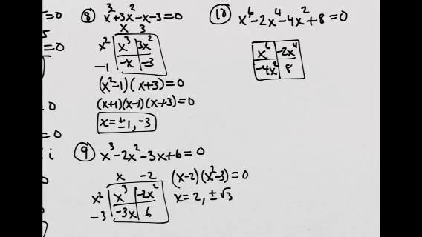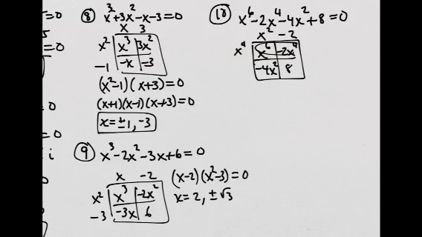So the greatest common factor here is x to the 4th. So I'm going to put x to the 4th right here. And then something times x to the 4th is x to the 6th, that would be x squared. Something times x to the 4th is negative 2x to the 4th, that would be negative 2.